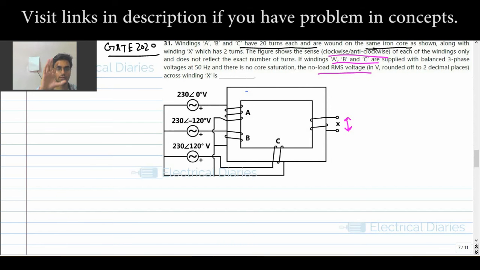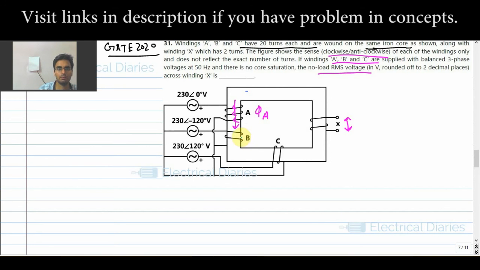So first let me mark the current direction. For winding A the current will come in the back and flow in this fashion. I curl my fingers in the direction of current and my thumb is going downwards, so the flux is in this direction, phi A.